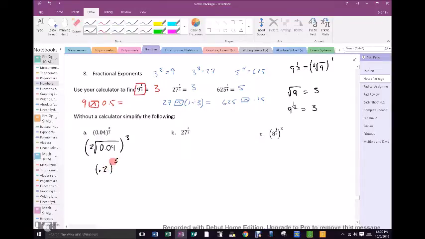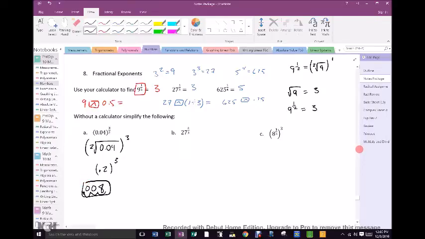What is 2 cubed? 8. How many decimal places will I need if I multiply this thrice? 3. 1, 2, 3. And what goes in the empty spaces? Zeros.